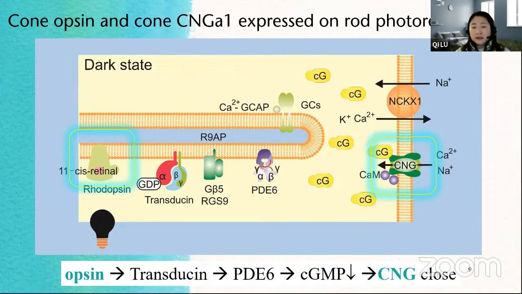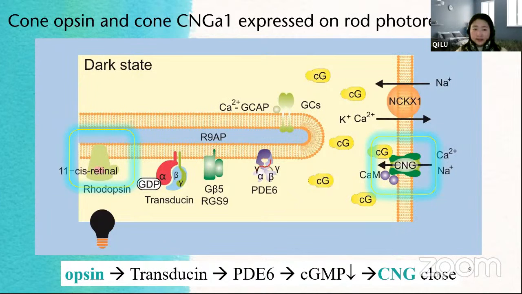So in the light transduction process, the opsin activates the G protein transducin, which binds to PDE6. Then PDE6 starts to hydrolyze cyclic GMP, causing the cyclic GMP concentration to decrease. And this decrease closes the cyclic GMP gated cation channel, the CNG channel, and then the photoreceptor hyperpolarizes and the transmitter release is reduced.